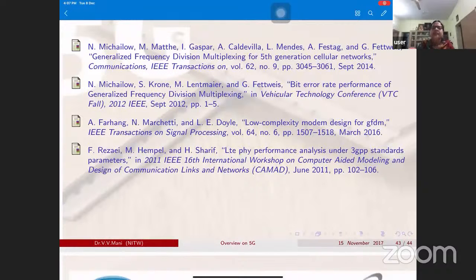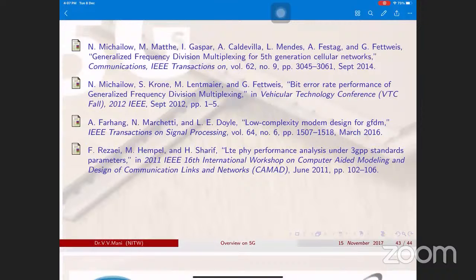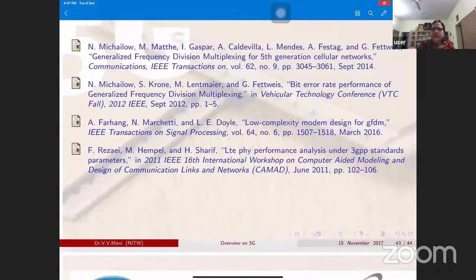Even in FBMC also, we use a filter bank. Okay. Then is GFDM better or FBMC better? This is an entirely different structure, right? GFDM and FBMC are different structures. So I would say, compared with FBMC, GFDM gives much better results, because here the cyclic prefix is added only one time. So we are saving the bandwidth, and it also gives better performance than the other one.